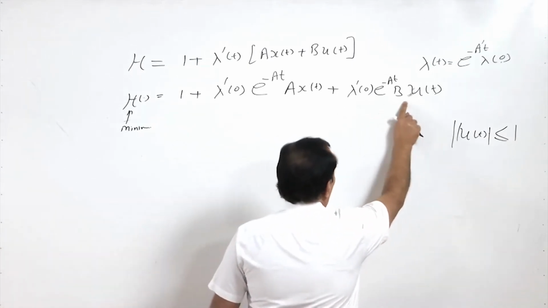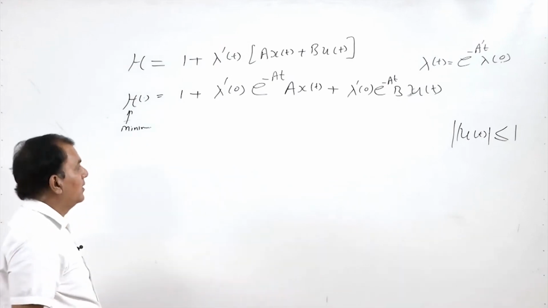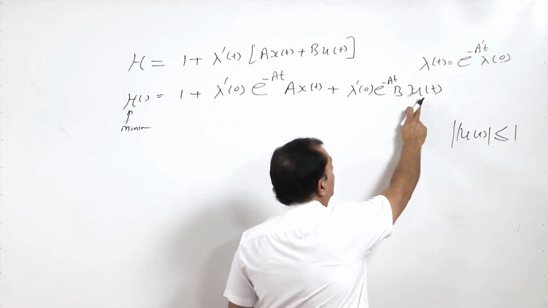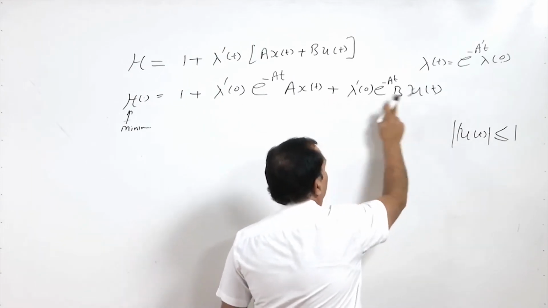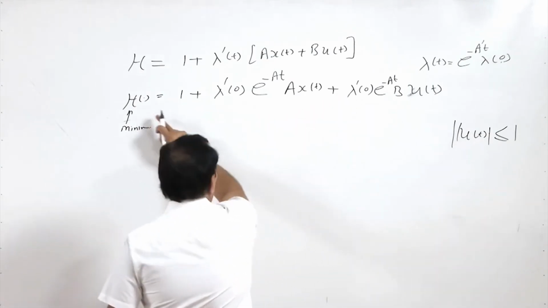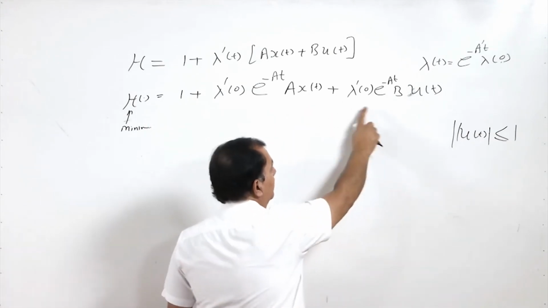So, I have to see what should be the value of u t. The value of u t can be plus 1 or minus 1. To get the H minimum, I have to subtract the maximum value of this.